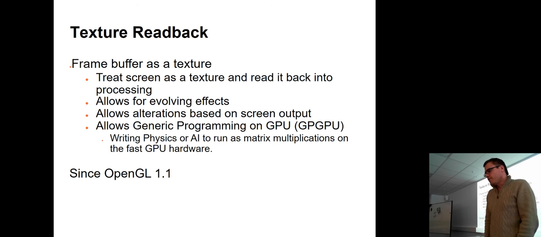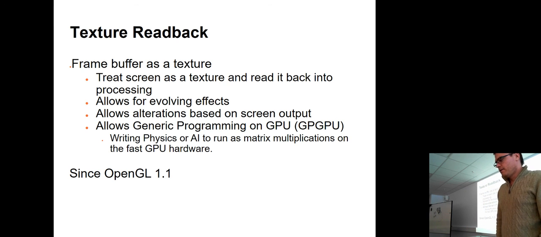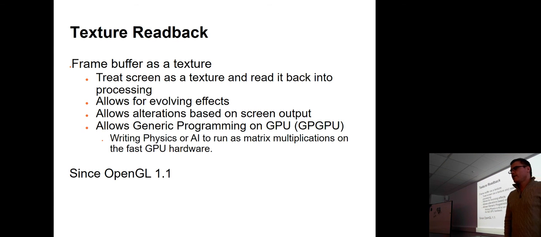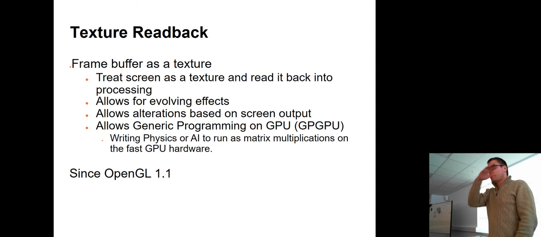So that's one of the ways you could do some sort of GPU computation and have some nearly evolving, if not evolutionary, effects on the output. So you move away from a pure graphics representation, because at that stage your texture could be anything, some sort of data representation that just uses a frame buffer for its output, right? So that's the concept of texture readback.